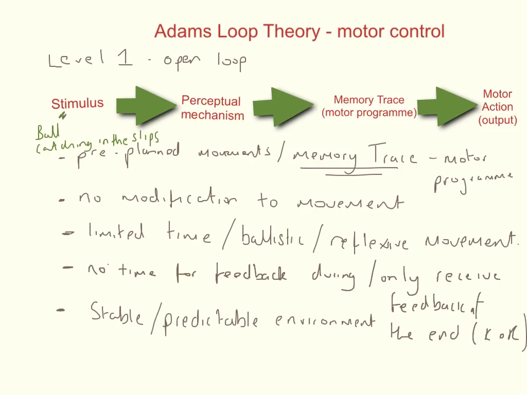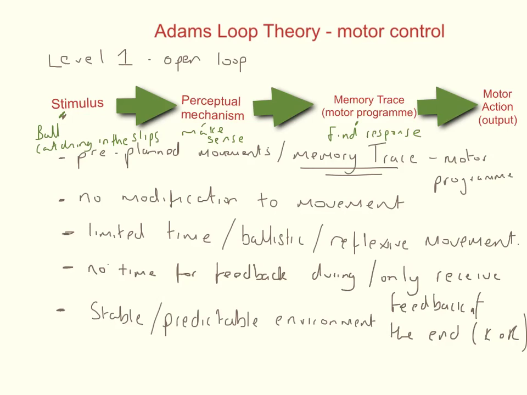Now the ball's taken an edge. We use our perceptual mechanism to make sense of that information coming in. We go into our memory, and our memory trace initiates the motor program, so we find a response, which would be to catch the ball or move our hands into position where we think the ball's going to go.